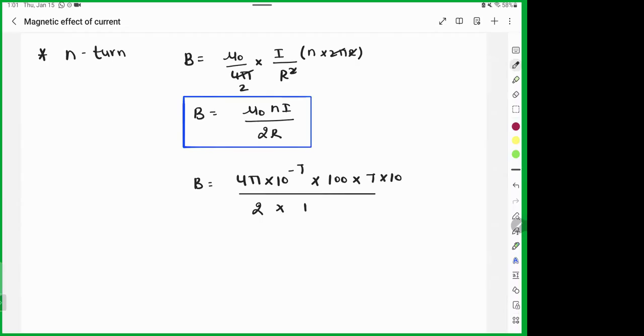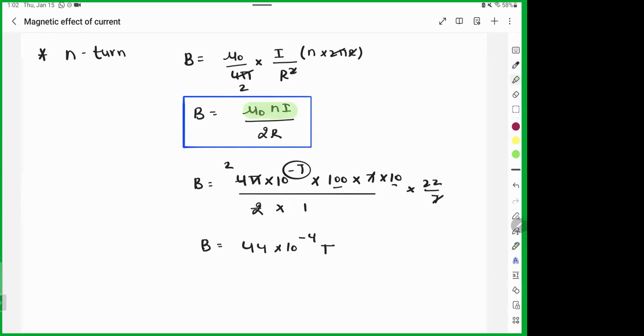So 1 by 10. Correct. Instead of pi you can write 22 by 7. The 7s cancel. So what will be the B value? 44 into 10 raised to power minus 7, 110, so 10 raised to power minus 4 Tesla.